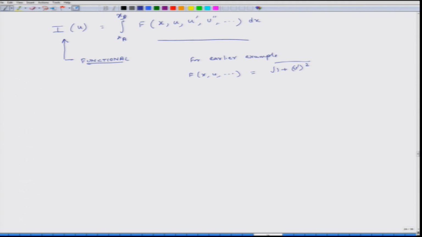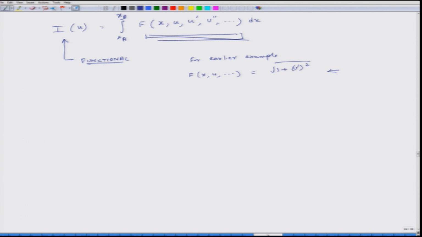This is just an example, but it is a very generic statement that if there is a function which depends on x, u and derivatives of u, and if I integrate that function with respect to x over a limit, then whatever I get out of that is known as a functional.